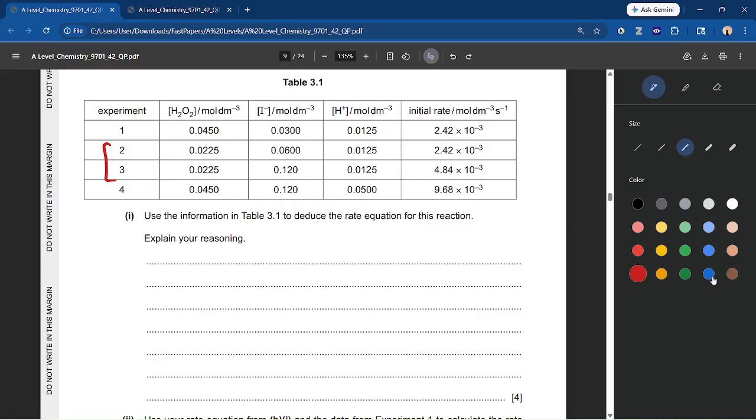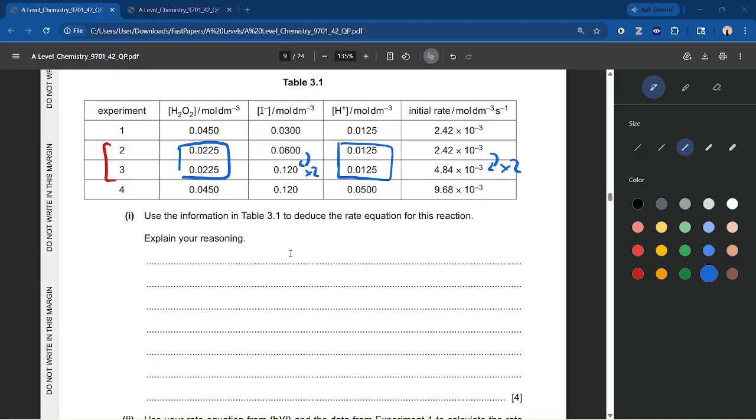Let's use a different color, so blue is for when it's the same. Iodide is the only thing that changes. You'll notice that when the amount of iodide is doubled, times 2, the rate also doubles. So it's an interesting observation, right? Because it's linear, if it doubles, the rate of reaction doubles. So you can say that with respect to iodide ions, it is first order.